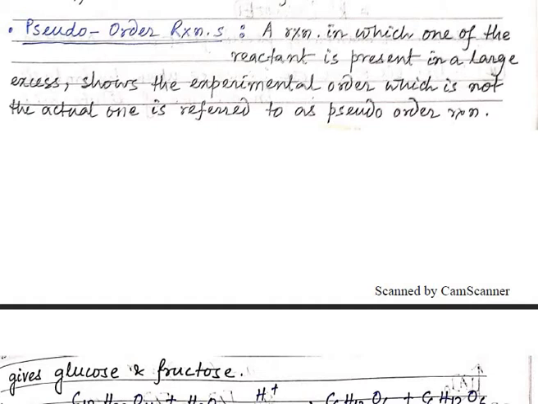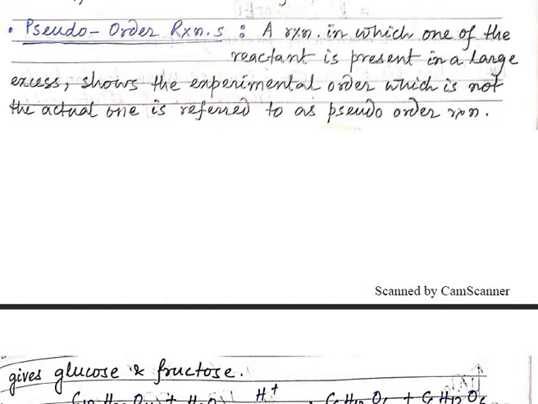Suppose I have a reaction with two or three reactants, and the amount of one reactant is in very large excess. For example, when we discuss the hydrolysis of glucose or fructose in acidic medium, in that case we are giving water in excess amount.